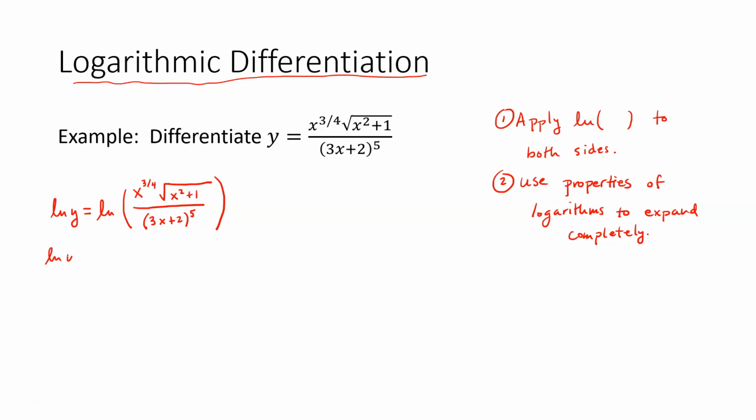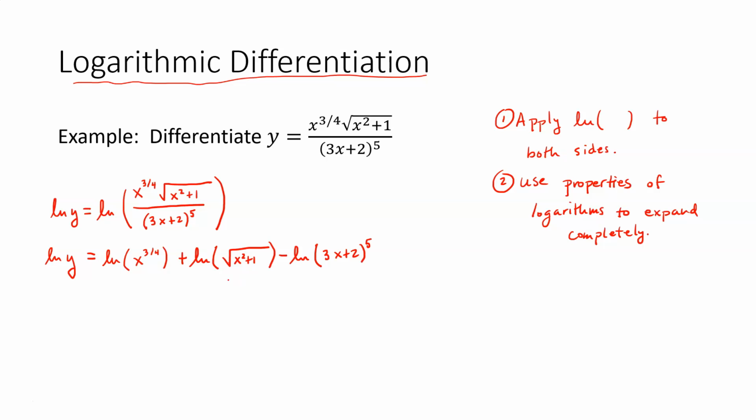So on the left hand side we have ln of y. On the right hand side we'll notice we've got a product there, x to the 3/4 times square root of x squared plus 1. So we'll split those up into a sum of logs. And then minus the log of 3x plus 2 to the 5th that we have in the denominator.